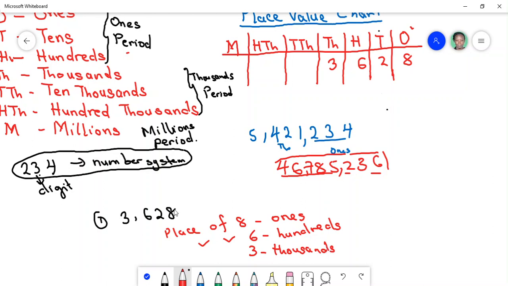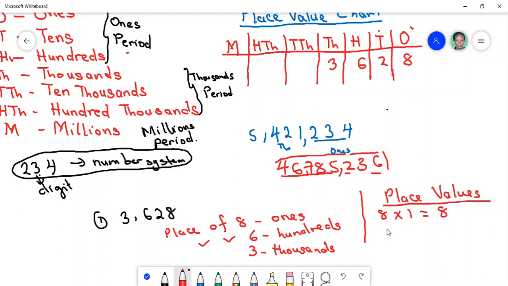But if I ask you, what is the place value? The place value is the value of the number. So I can ask you for the place and I can equally ask you for the place value. The place value of 8 is what? 8 times 1, which is 8.